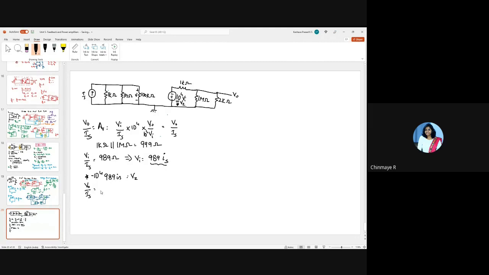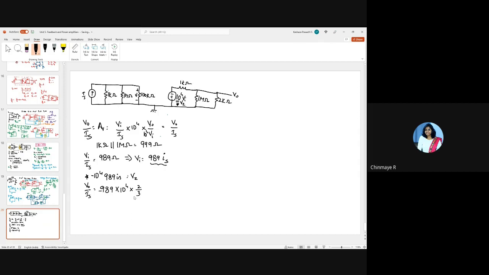So approximately, if you take 2 kilo ohm parallel with 1 mega ohm as 2 kilo ohm itself, then V0 by IS will be equal to 989 into 10 power 4, of course with a negative sign, into the voltage divider, which is nothing but 2 by 3, right? 2 kilo by 2 kilo plus 1 kilo.